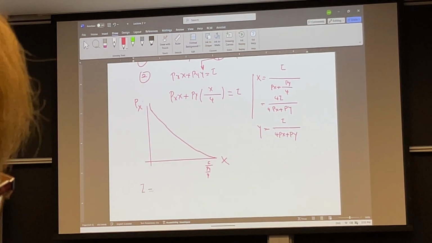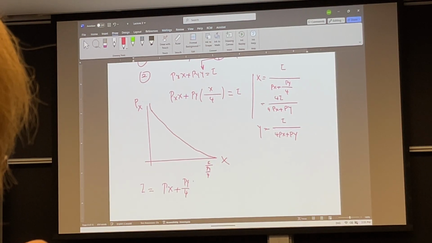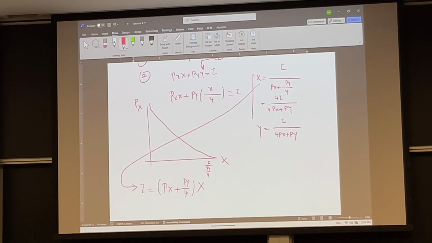That is your Engel curve. Take this one, solve for I, which I did. That's the Engel curve, right? If you graph the Engel curve, how does that look like? Anyone?